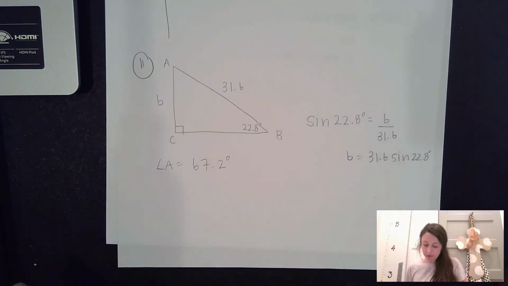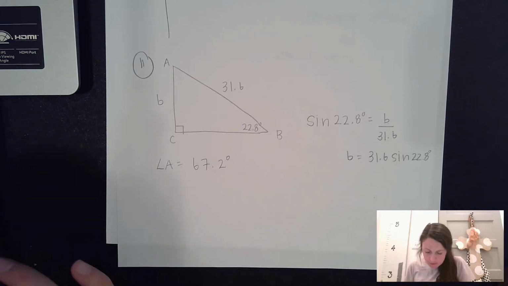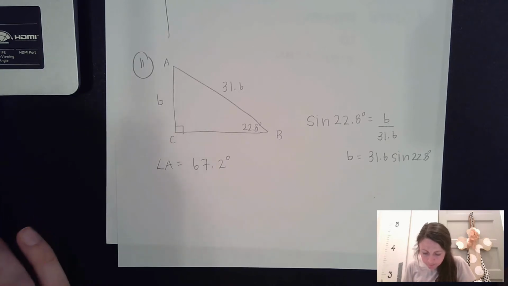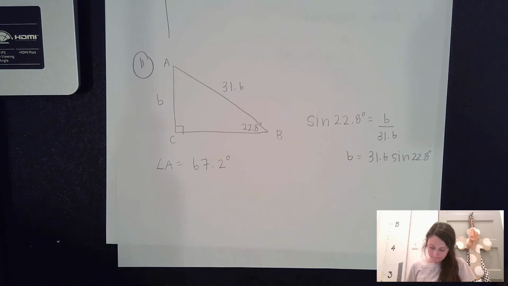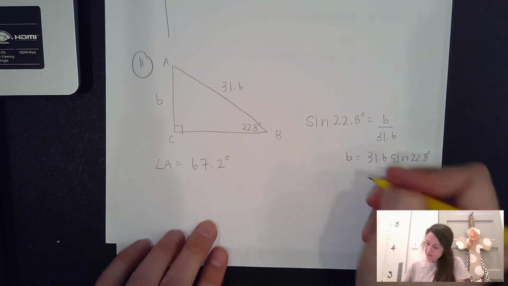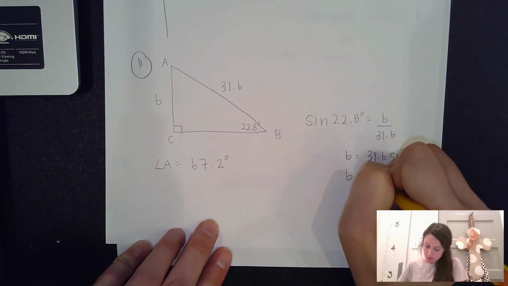Make sure your calculator is in degree mode here. So mine is not, mine is in radian. So side B is going to be equal to 12.2.